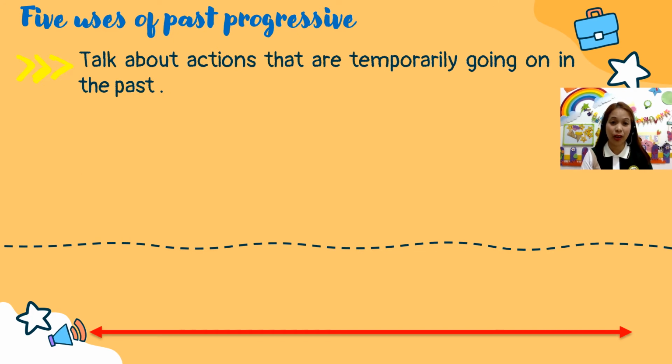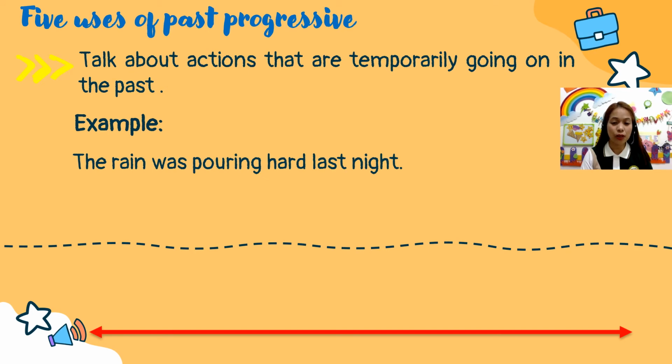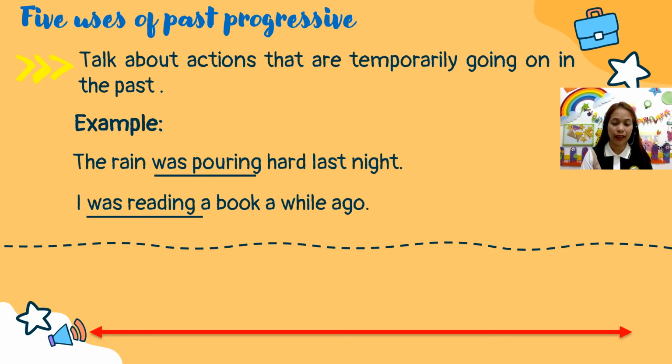Next one is to talk about actions that are temporarily going on in the past. Example, the rain was pouring hard last night. I was reading a book a while ago. In this example, was pouring and was reading are both in past progressive tense.